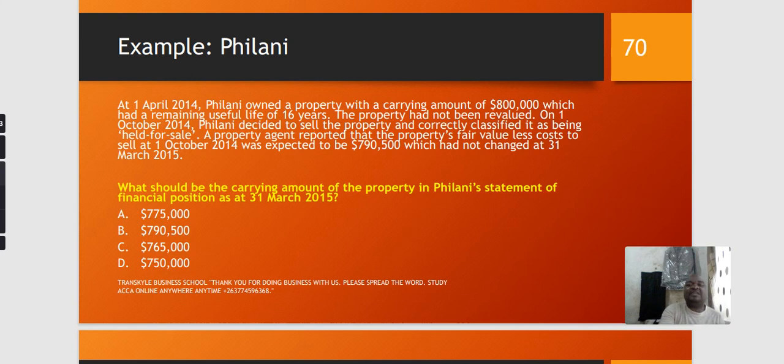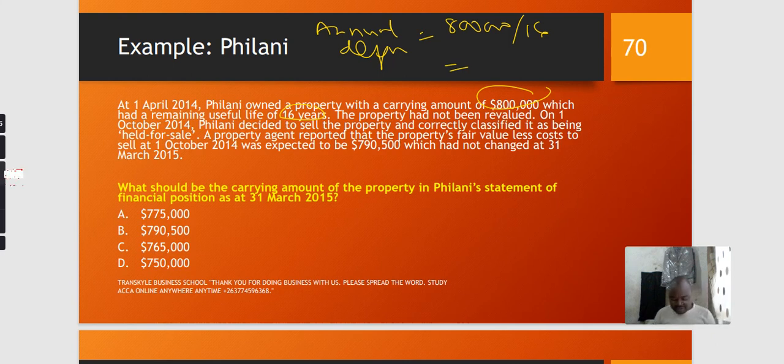So as usual, let us calculate the annual depreciation. We are told that this property has a carrying amount of 800,000, and how many years left? We are told that 16 years left. So this gives us 800 over 16, that's 50,000.